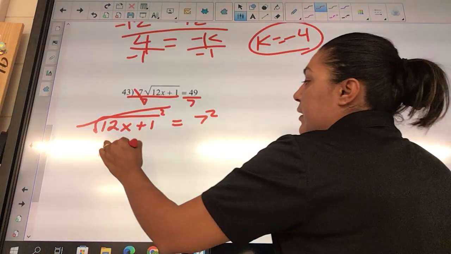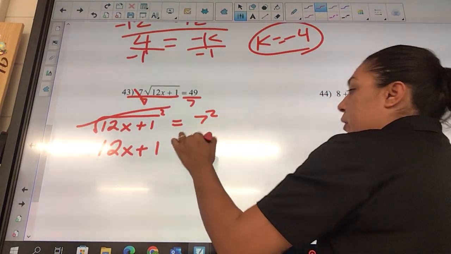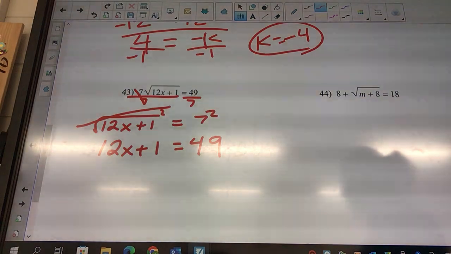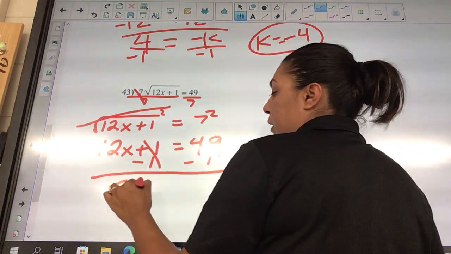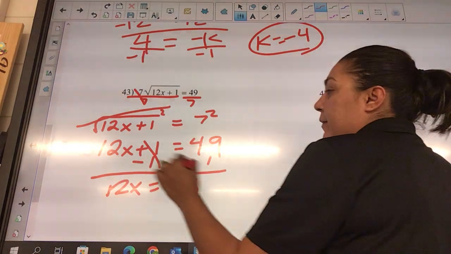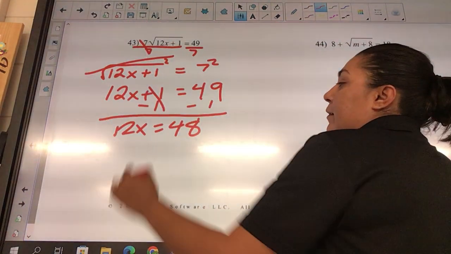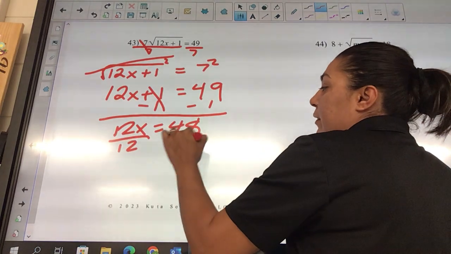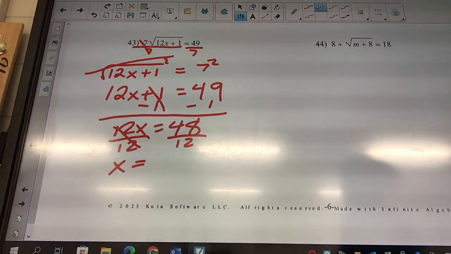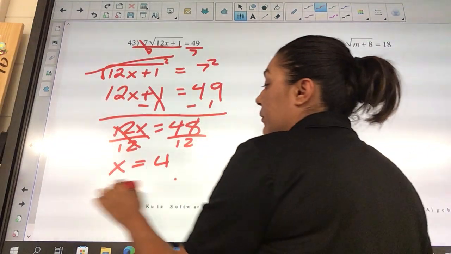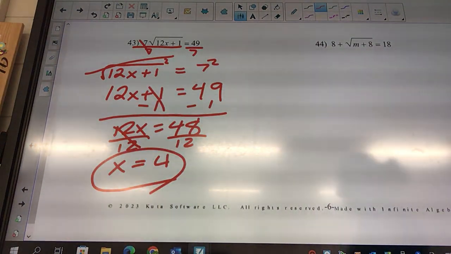So I get 12x plus 1 equals 49. Minus 1. 48. Divided by 12. Equals 4. Yeah. Okay, and then we'll finish the rest next time.